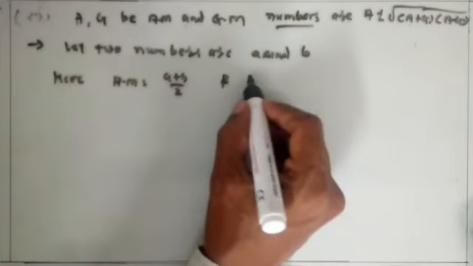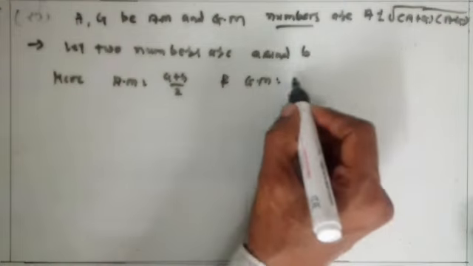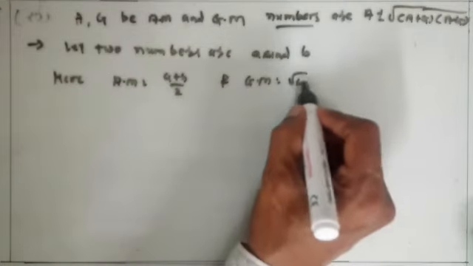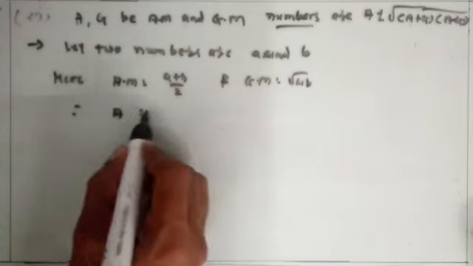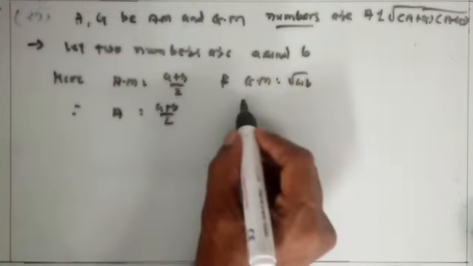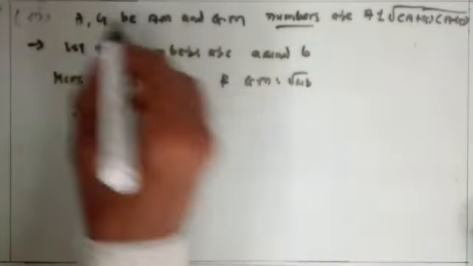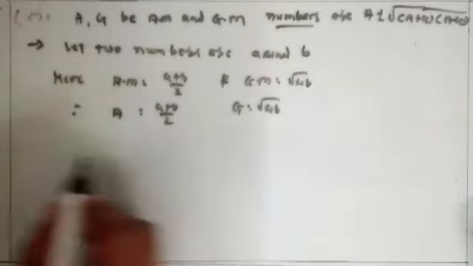And the geometric mean of a and b is equal to root ab. We know that. But the arithmetic mean is equal to A, given. So A is equal to (a plus b) upon 2. And the geometric mean is G, given. So G is equal to root of ab.